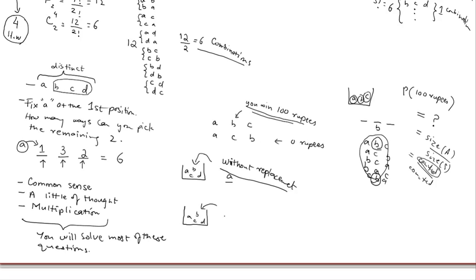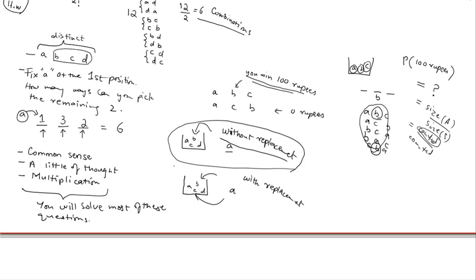So you pick an object, note that it was A, but then put it back. This is called picking with replacement. We haven't covered this. We're dealing with this. Let's do some examples.